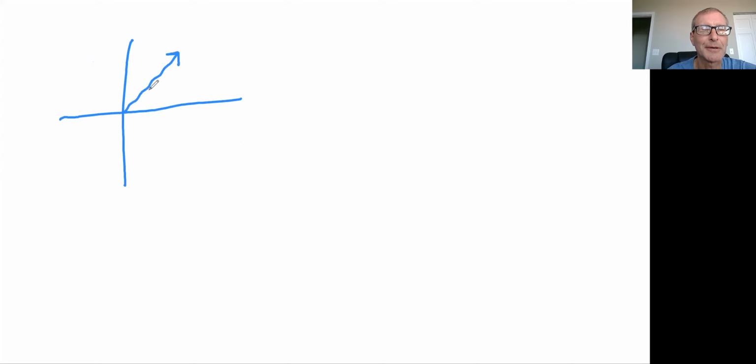The idea is that we're trying to find this angle, and 45 degrees is right in the middle right here. This would be 45 degrees. And you want to find two positive angles and then two negative angles that are coterminal with the given angle.